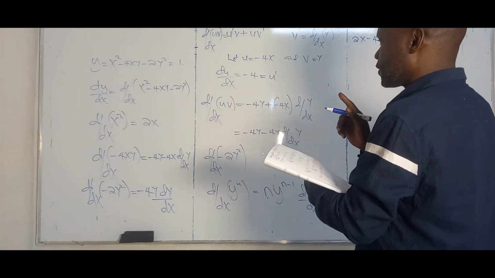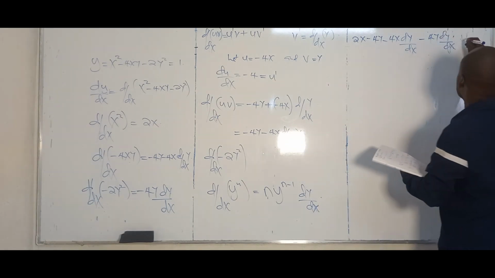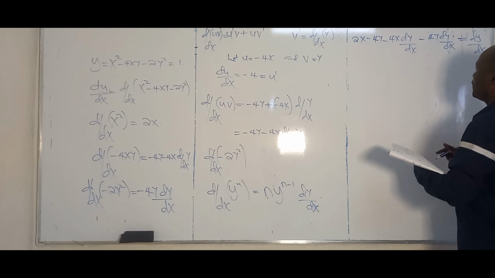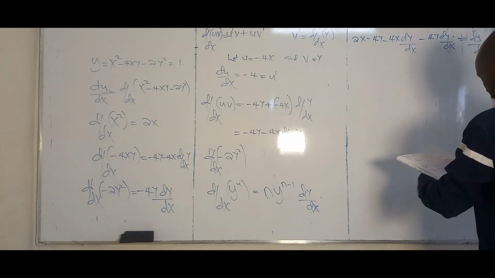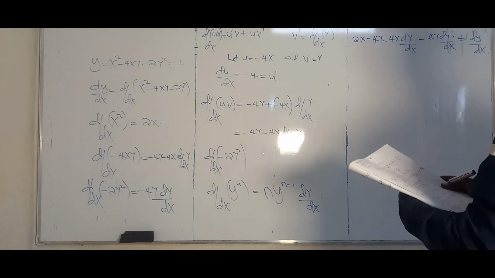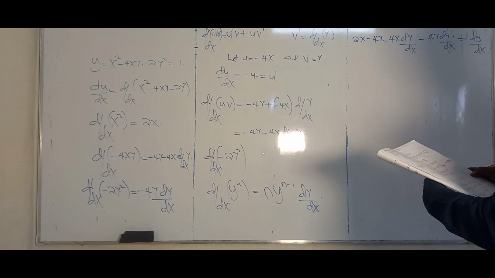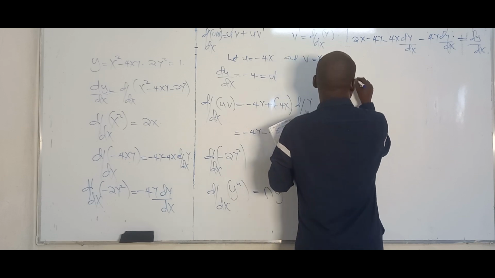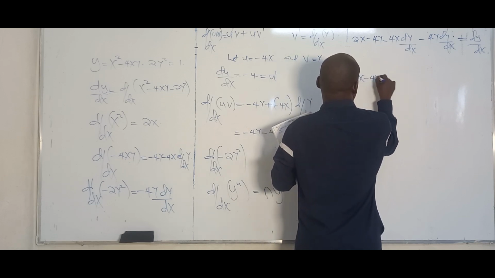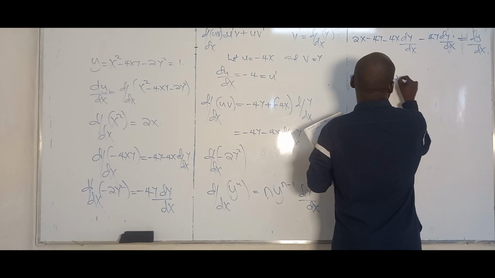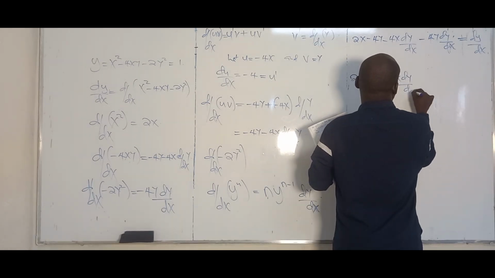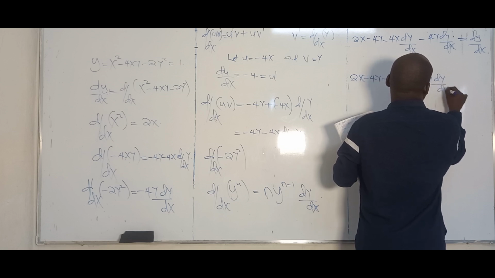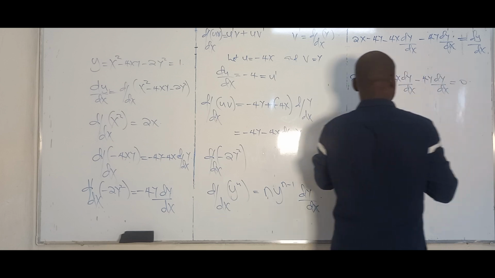And if this is the dy dx of the entire function, then I can equate it to 0. And if I do equate it to 0, then what I will end up with is 2x minus 4y minus 4x dy dx minus 4y dy dx is equal to 0.